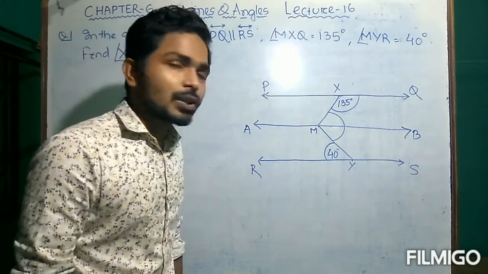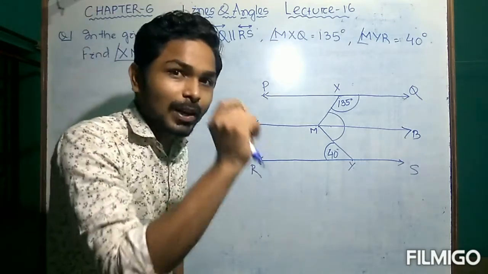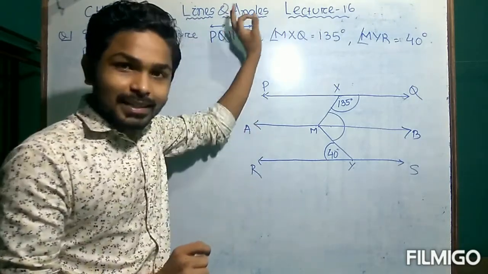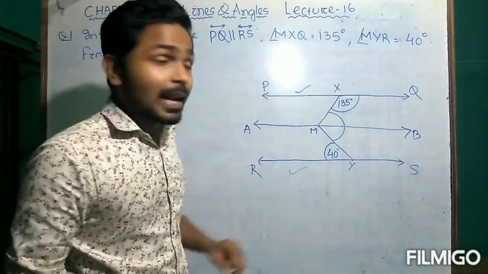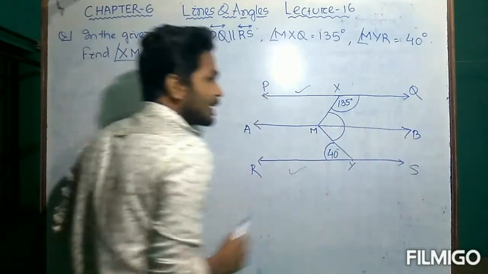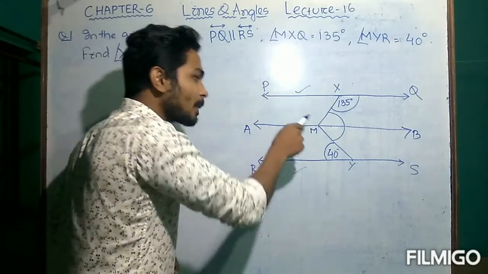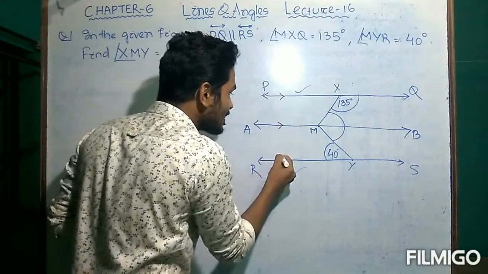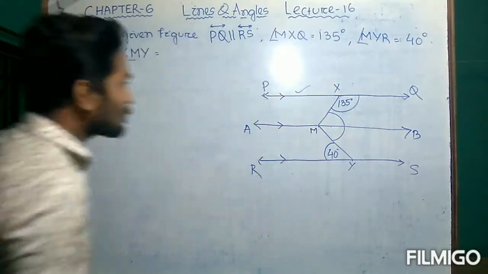According to theorem 6.6, if two lines are parallel to a common line, then those two lines are also parallel. Here we have drawn the line AB, which is parallel to PQ and also parallel to RS. It means all three lines are parallel. Understood?